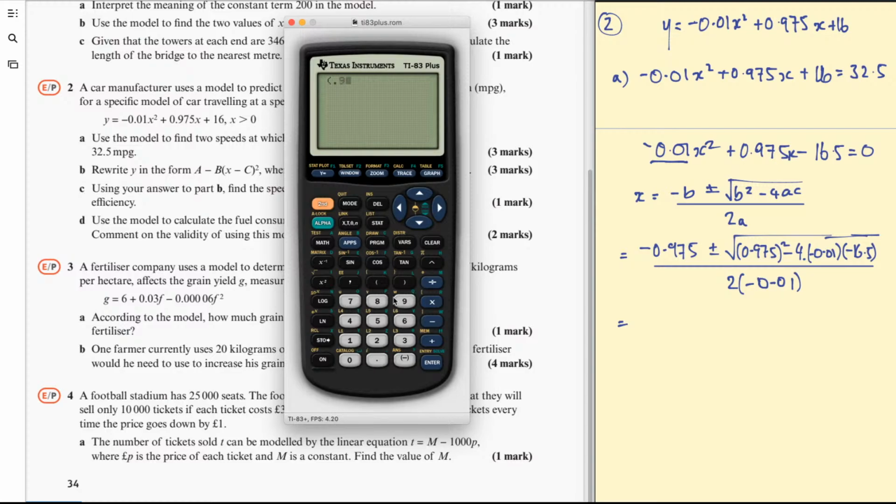So this would be 0.975 squared take 4 times negative 0.01 multiplied by, I'm probably going to make a mistake with these, but anyways, 0.290625.